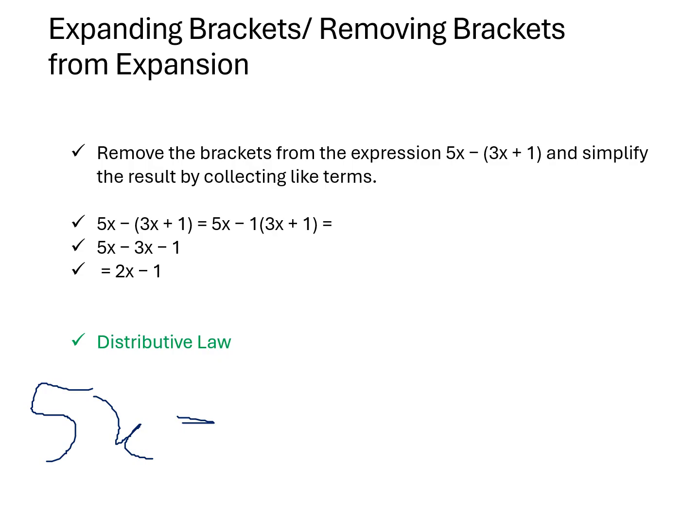Negative 1 times 3x is negative 3x, and negative 1 times 1 is negative 1. So now these are like terms, 5x minus 3x. You subtract and take the sign of the larger number, which is positive. So the answer is 2x minus 1.